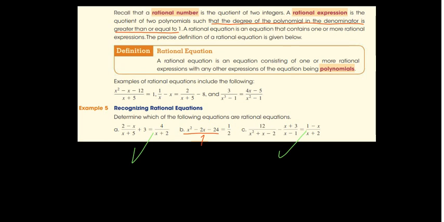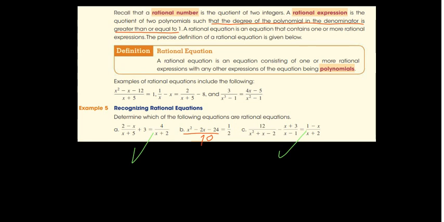Well, that's where the underlining part above comes into play. It reads, such that the degree of the polynomial in the denominator is greater than or equal to 1. So if 1 is in this denominator, which it is, because again, it's technically a 1, well, what is the degree of this 1? Well, it is raised to the 0th power, and anything raised to the 0th power is 1, all right?